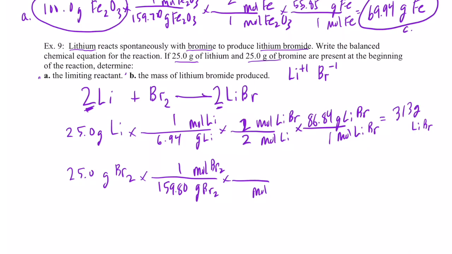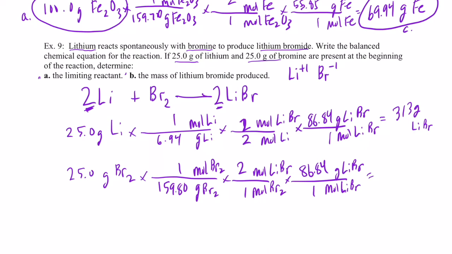Then we'll go from moles of Br2 to moles of my product, LiBr, and it's a 1 to 2 ratio. And then we'll go from moles of LiBr to grams of LiBr. And remember, 1 mole we just found out earlier is 86.84 grams.